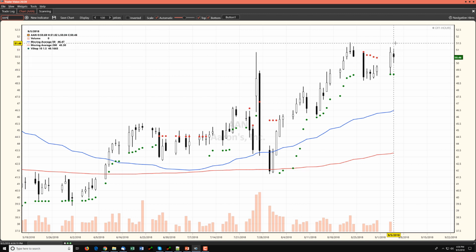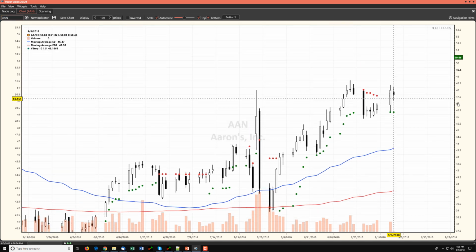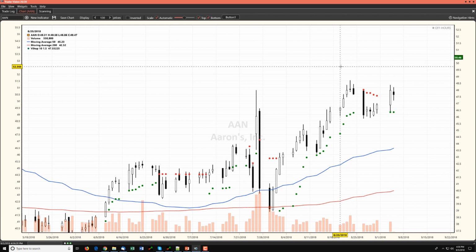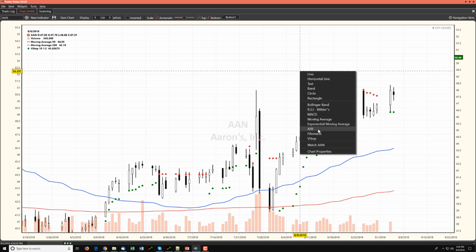So let's look at what I had in mind. I guess a breakout trade here. Let's pull this down, and let's put the fibs on this.